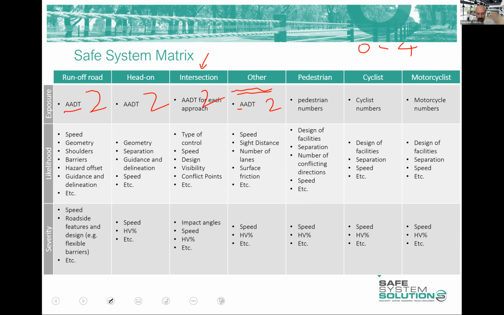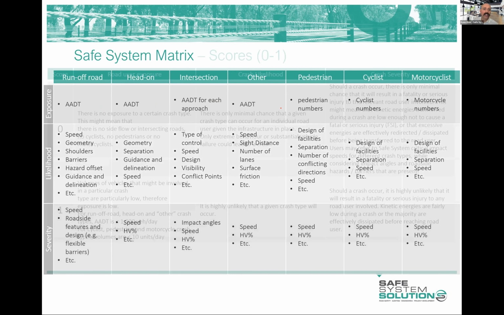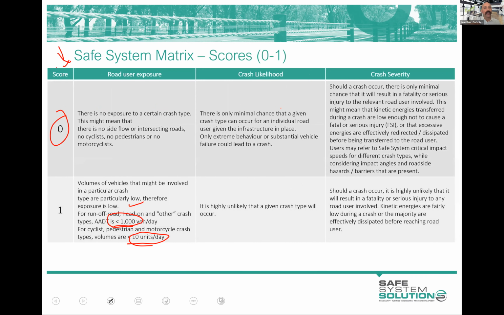Then what you need to do is make a judgment call based on your knowledge or the information they give you. Maybe you get them to predict. You say, oh, well, is it a highly populated pedestrian area? Or you go out there on site, which you're going to have to do anyway, and you observe and you make a judgment call. And this is probably where you're going to start maybe using these.